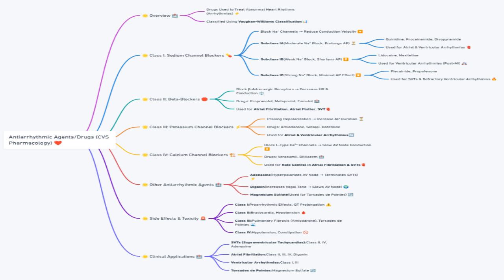The major pharmacologic mechanisms currently available for accomplishing these goals are, like I said, sodium channel blockers, and then the beta blockers, which block the sympathetic autonomic effects on the heart, and that's class 2. Class 3 blocks potassium channels, so prolongation of the effective refractory period, and class 4 blocks the calcium channels.